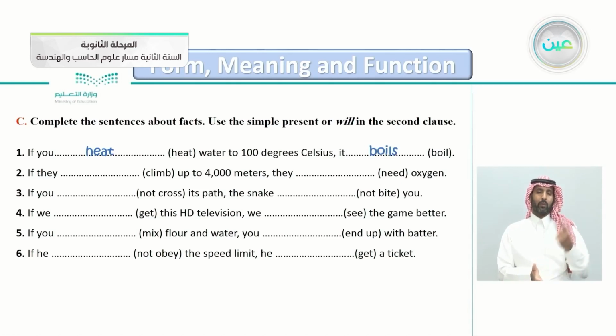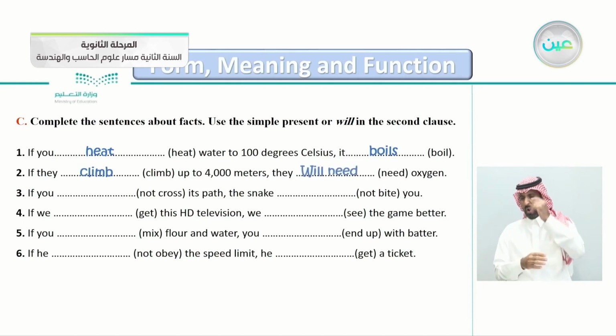Number 2, if they climb up to 4,000 meters, they need oxygen. So again, use the simple present or will in the second clause. So if they climb up to 4,000 meters, they, do we say need or will need? That's excellent. Will need. They will need oxygen.